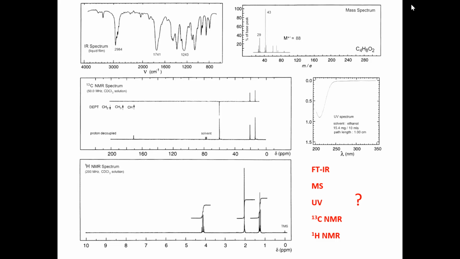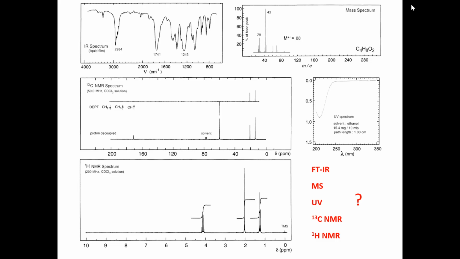We also see on the IR that we have some aliphatic groups, because we have that large, quite intense peak around 3,000. So that's the stretching of the CH of aliphatics.